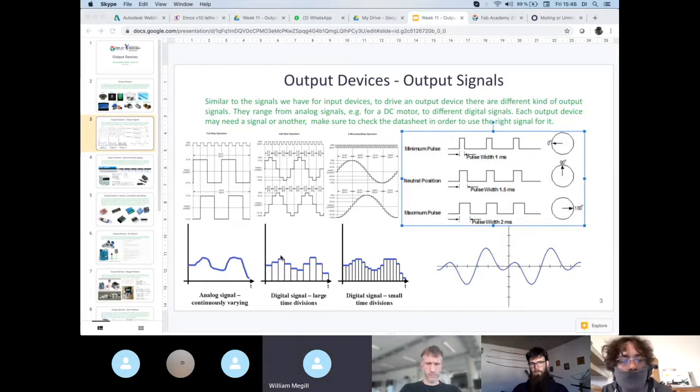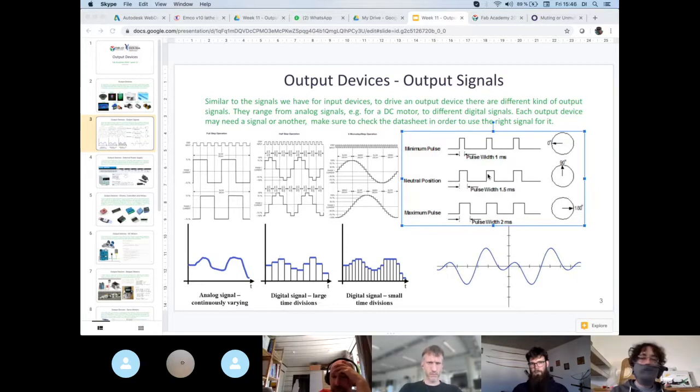Sorry, Daniele, can I interrupt? Your graph shows the pulse width as 2 milliseconds. What's the repetition frequency? The thing is on for 2 or less than 1 millisecond, right? But then what's the time between one and the next? Or does that matter? In this case, it doesn't matter much.